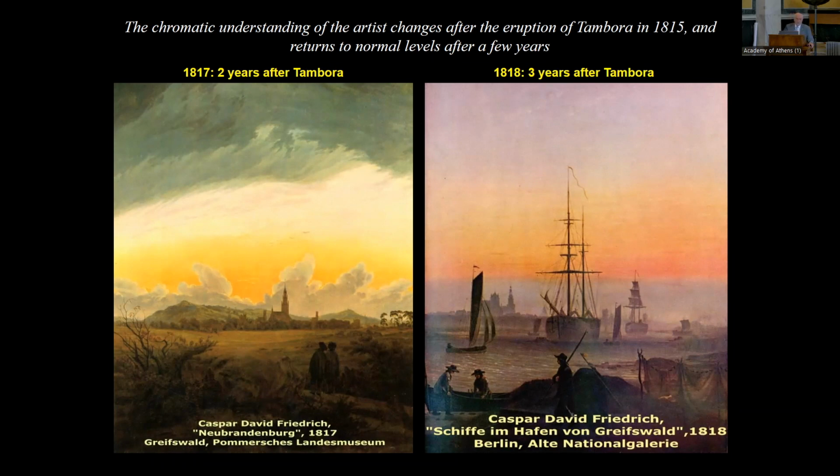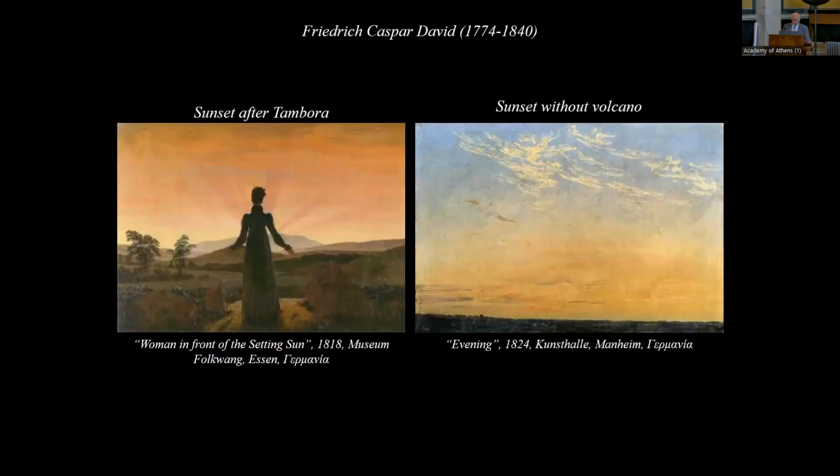It takes about 2 to 3 years to clean the atmosphere from optical phenomena that follow large volcanic eruptions. This is actually other two cases, 1818, which is actually 3 years after Tambora, and a sunset without volcanic eruption.